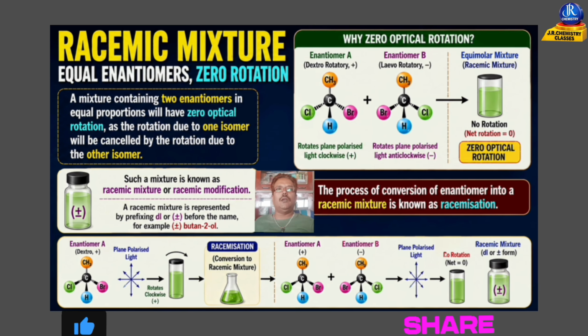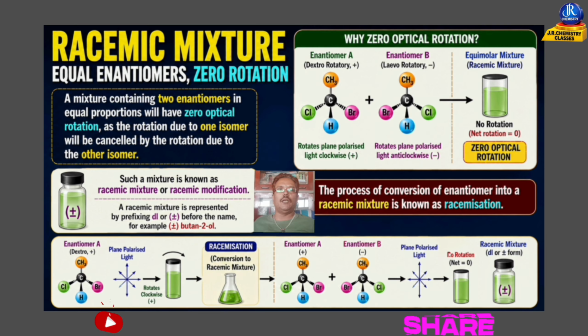A mixture containing two enantiomers in equal proportions will have zero optical rotation, as the rotation due to one isomer will be cancelled by the rotation due to the other isomer. Such a mixture is known as a racemic mixture or racemic modification.